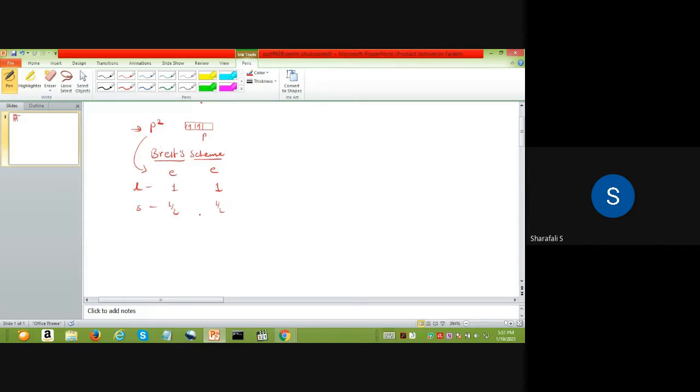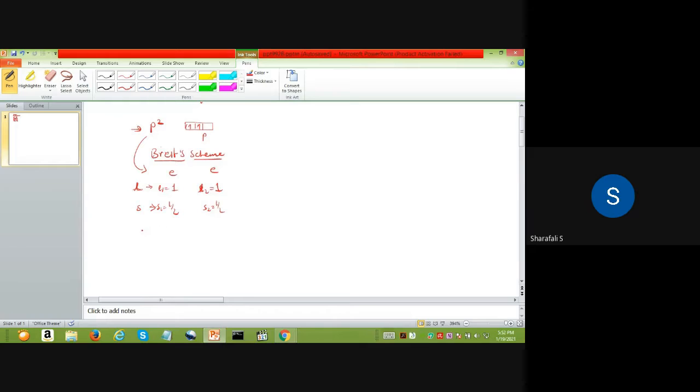Now in the Breit scheme, L1 is for the first electron and L2 is for the second electron.